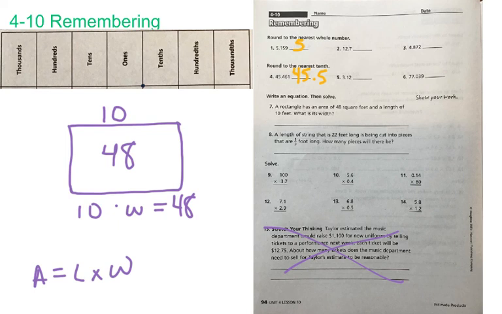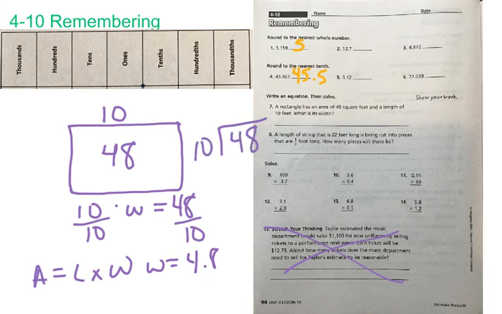Okay, and so that means here I'm multiplying by 10 times W. So I'm going to divide both sides by 10. And W is going to equal 48 divided by 10, which is 4.8. And if you couldn't solve that 48 divided by 10 in your head, you can always do it this way. 10 can go into 48 4 times, which is 40, left with 8.